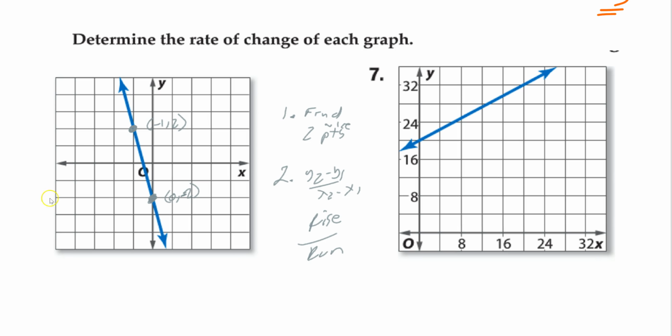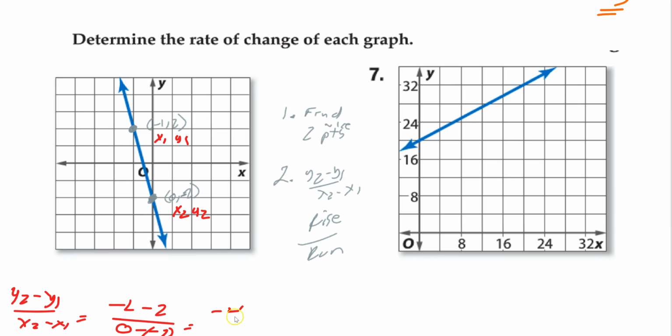Let's do both real quick. So if I use the formula, again, just pick one to be x1, y1, the other to be x2, y2. If I use the formula, I'm going to get negative 2 minus 2 over 0 minus negative 1.